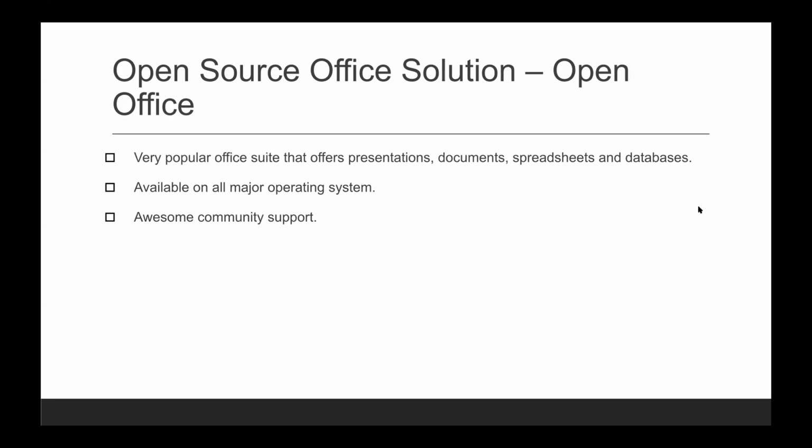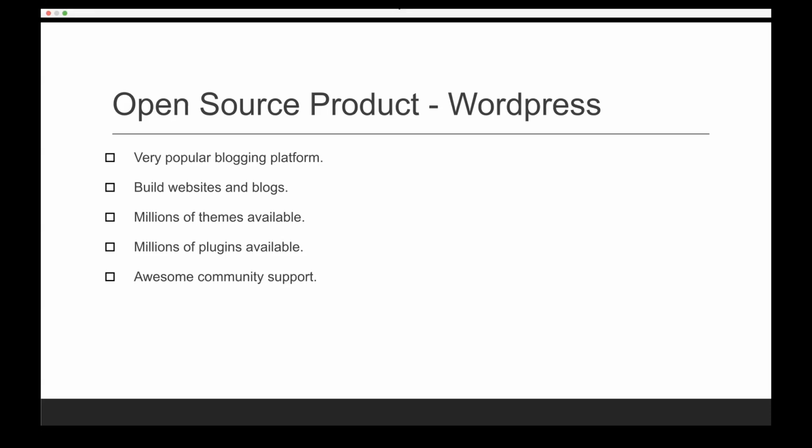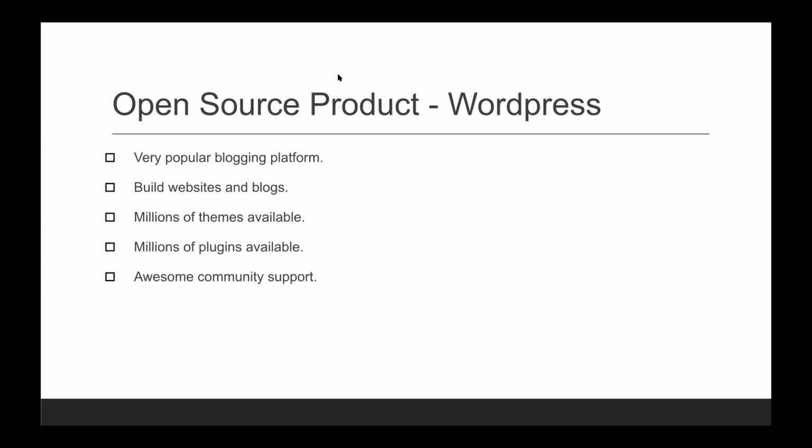Then we have another popular open source product, which we call WordPress, right? A very popular blogging platform. You can build a website on top of it. You can build blogs. Millions of themes are available, millions of plugins are available, and again, awesome community support.